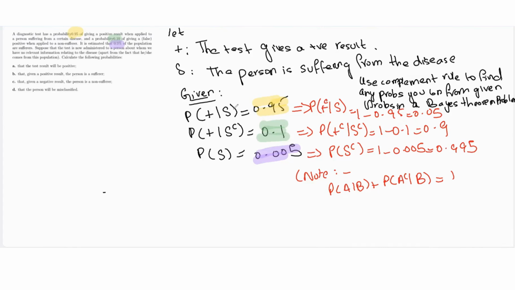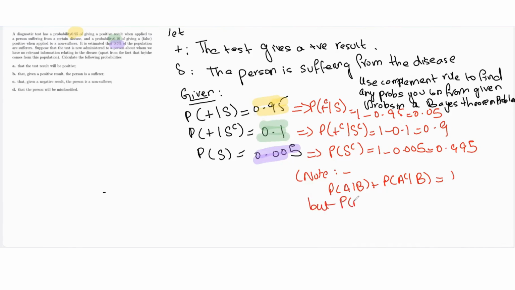The probability of being positive and the probability of being negative given S is also 1. Even in a reduced sample space, the probability of all outcomes has to be 1. So that's why the probability of negative given S is 1 minus the probability of positive given S. Similarly, the probability of negative given not S is 1 minus the probability of positive given not S, because the sum of probabilities of all outcomes is 1 even in a reduced sample space.